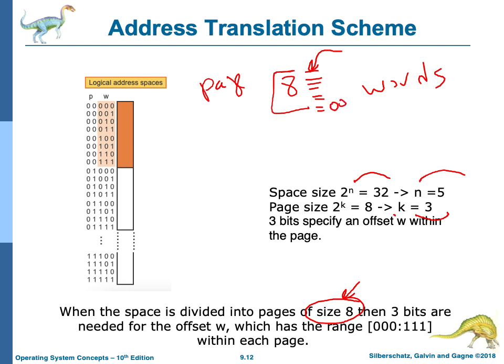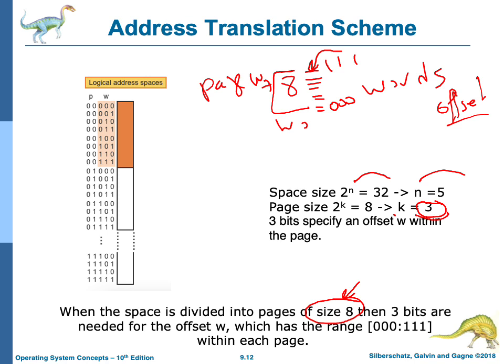So starting with 000 to 111, so from word 0 to word 7. So the 3 here is what specifies the offset that we talked about.